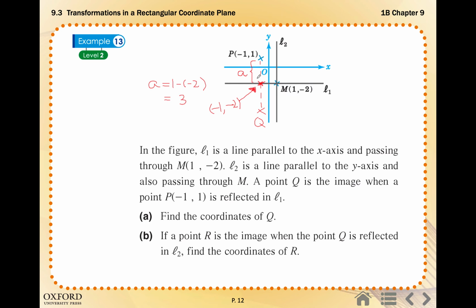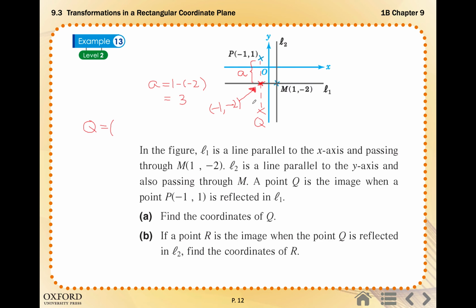After you get this, you can find the coordinates of Q easily. The coordinates of Q, I may just write down Q equals to, and because this is the vertical line, Q is only translating the point P downward. For how many units?